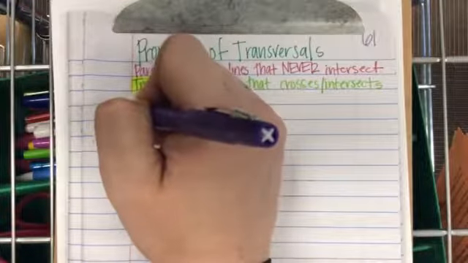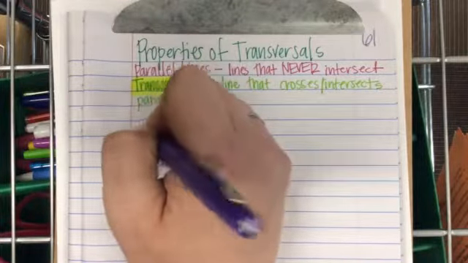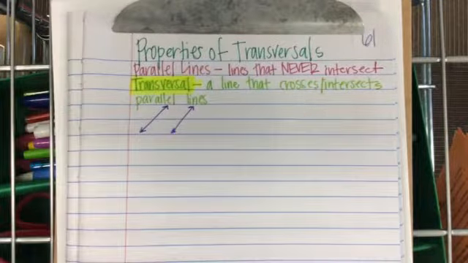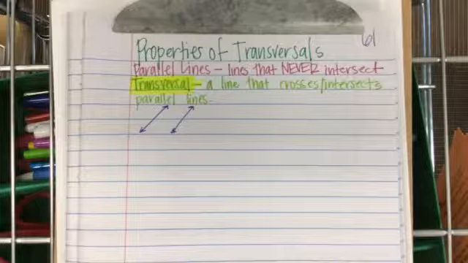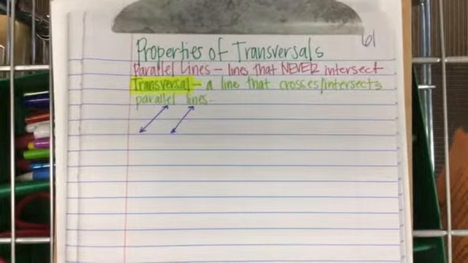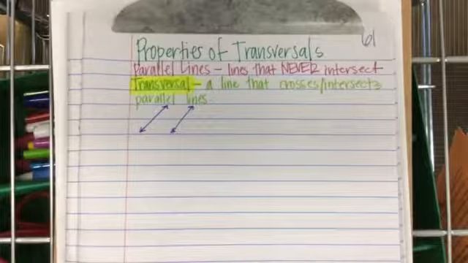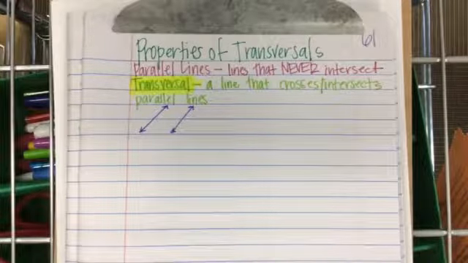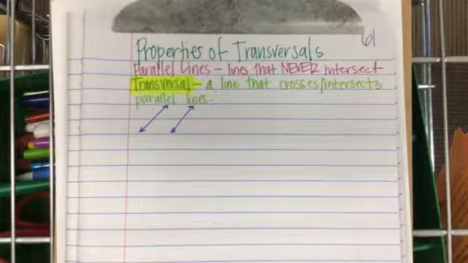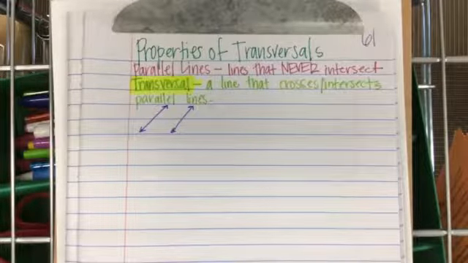So for example, here are some parallel lines. Is that true? I mean, I'm not perfect, right? I'm not a machine. But those are parallel lines. They don't intersect, no matter how far they go. And I'm going to draw a transversal.